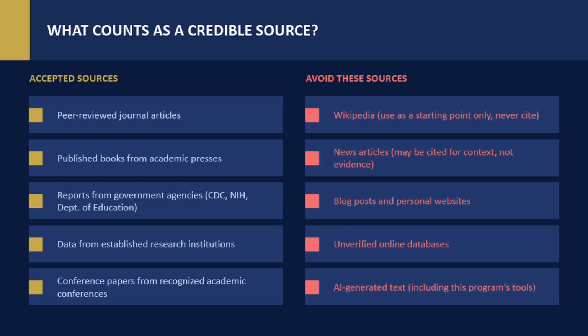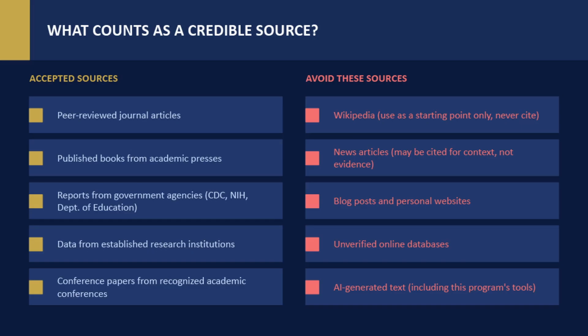So what counts as a credible source? Peer-reviewed journal articles, which can be found on the different websites we've mentioned. Published books from academic presses, since different academic presses publish books, and those are an accepted form of source.